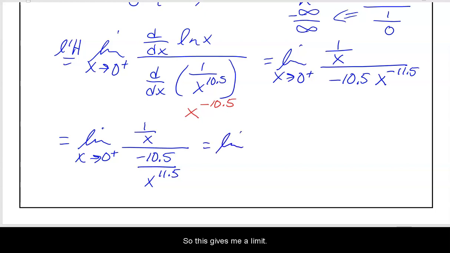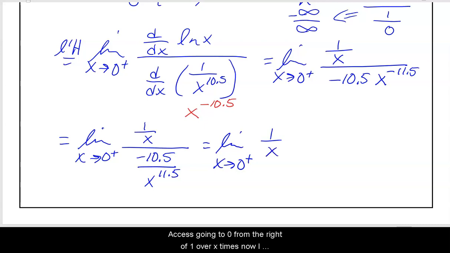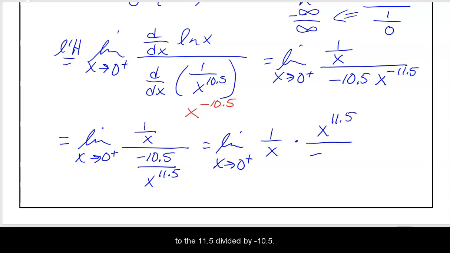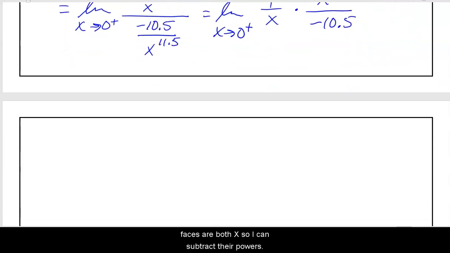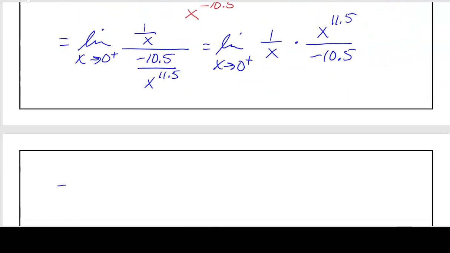So this gives me the limit as x is going to 0 from the right of 1 over x times, now I take the reciprocal of the denominator and write x to the 11.5 divided by negative 10.5. Now when I'm looking at these, I've got an x monomial in the denominator and x to the 11.5 in the numerator. Bases are both x, so I can subtract their powers.